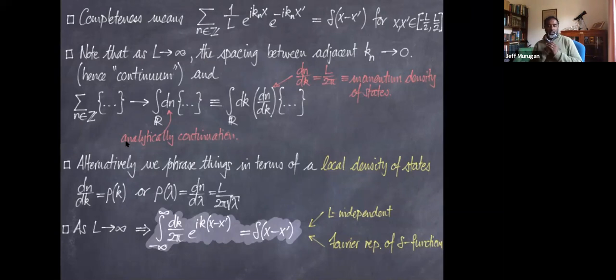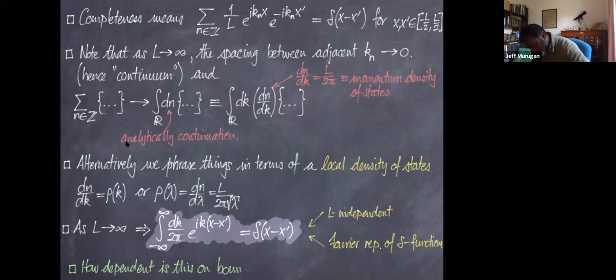So let's ask the question, and then we'll try to answer it in the next slide: how dependent are all of these things on the type of boundary conditions we impose?